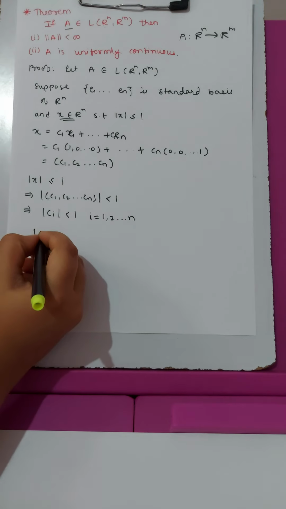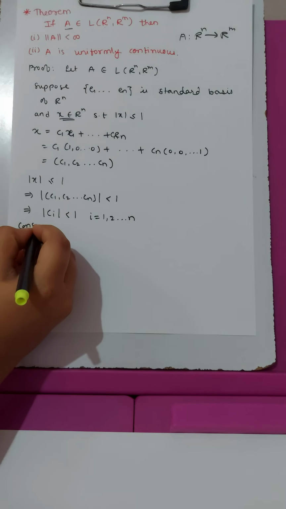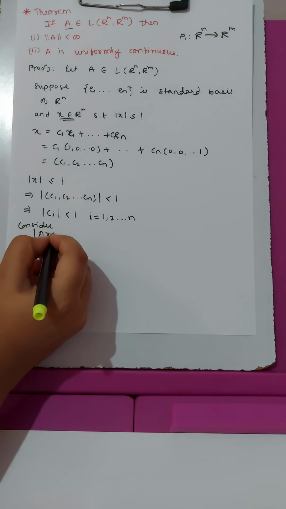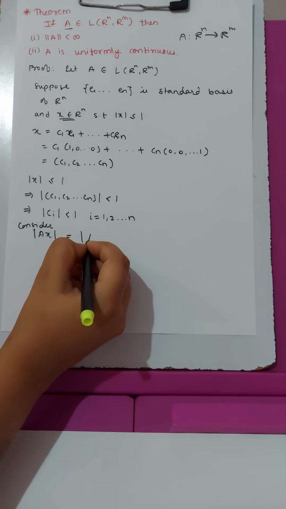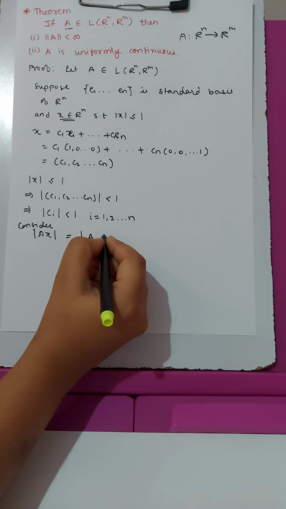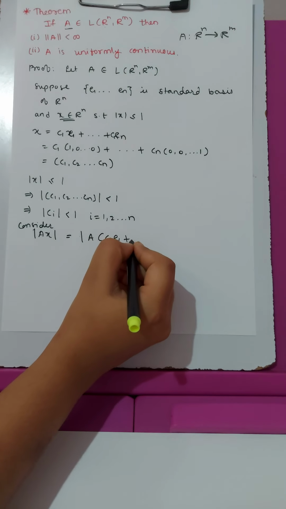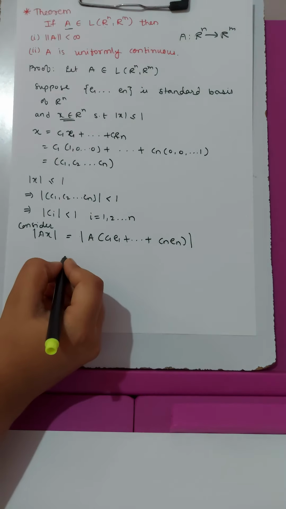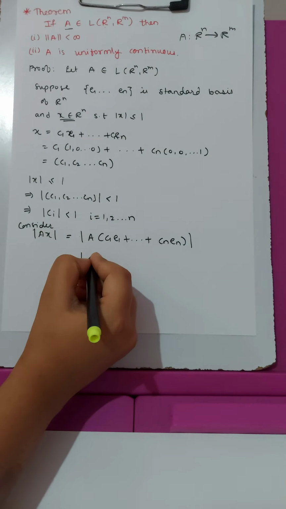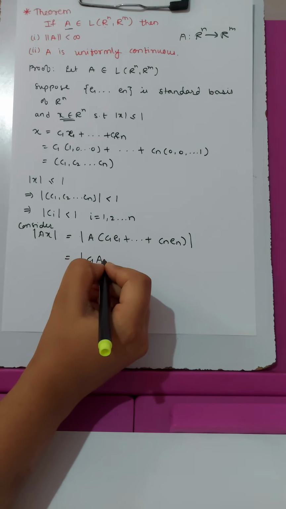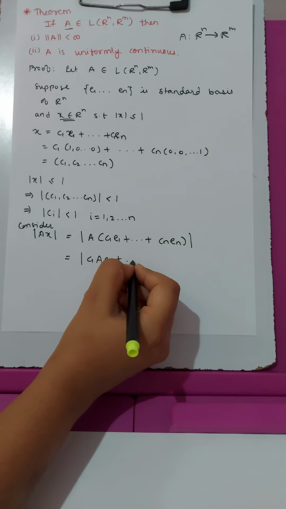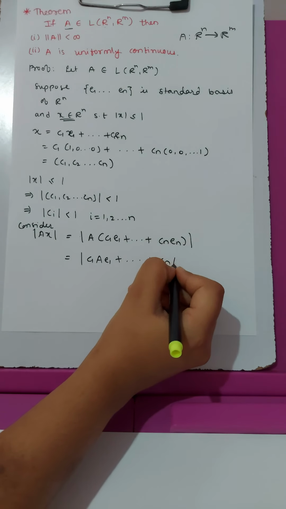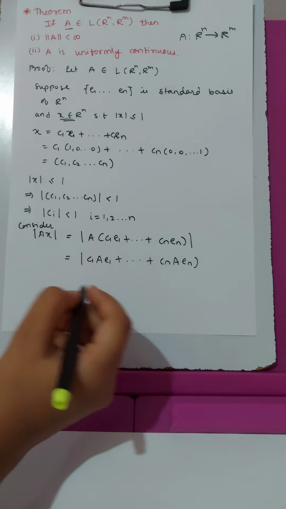Now we consider mod of Ax, where x is c1 e1 plus up to so on cn en. Since A is linear, we can write it as c1 A e1 plus up to so on cn A en.